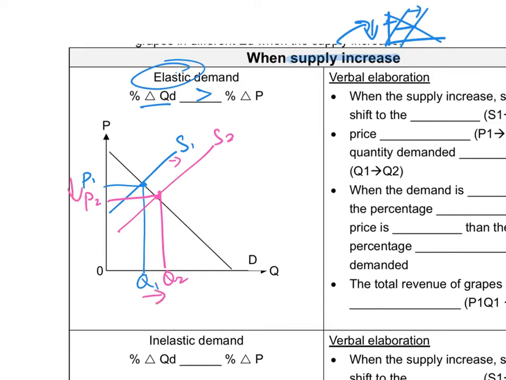The decrease in price makes a minus here, and the increase in quantity makes a plus here. The plus area is bigger than the minus area, so total revenue actually increases.